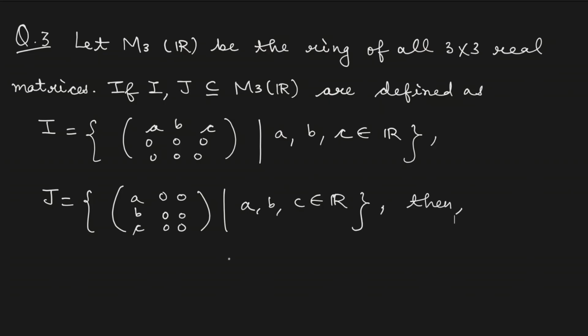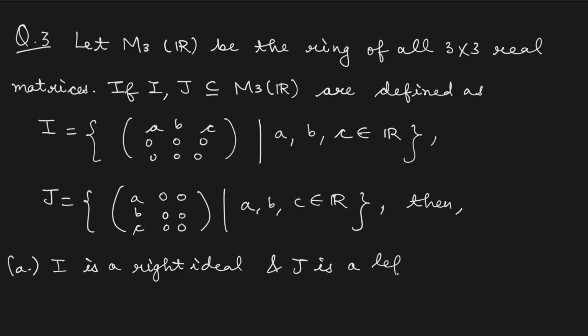Then, A part: I is a right ideal and J is a left ideal. B part: I and J both are left ideals.